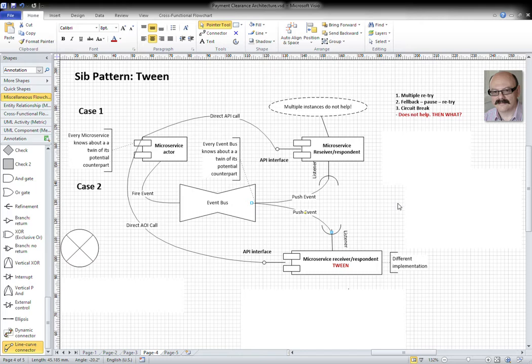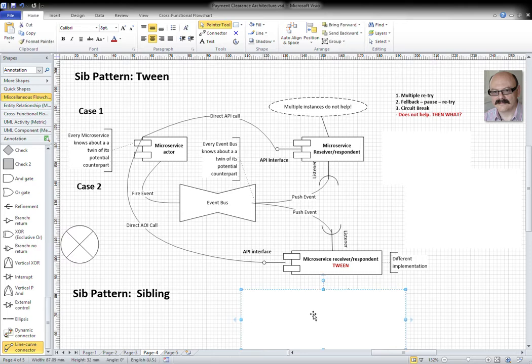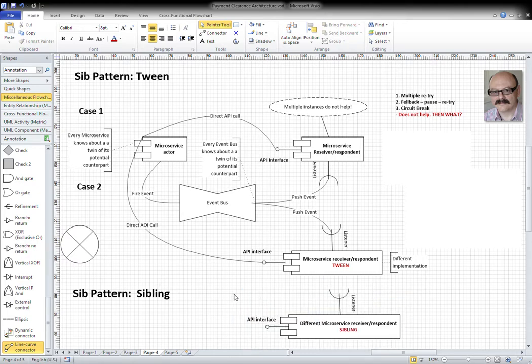However, what if in a particular situation we have not implemented or deployed the twin? Like this, there is no twin for us. So what can we do? In this case, we use the second part of the Sib pattern, known as the Sib pattern sibling. A sibling is just another microservice developed by somebody, we don't know who.